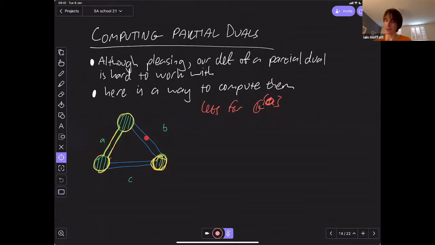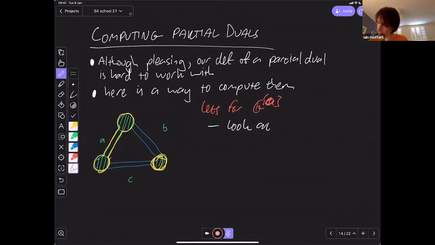What about these blue edges? Well, they're not edges I want to dual, so I'm just ignoring them. So my first step is to look at the boundary of my subgraph formed by all of the vertices and the edges I want to dual.